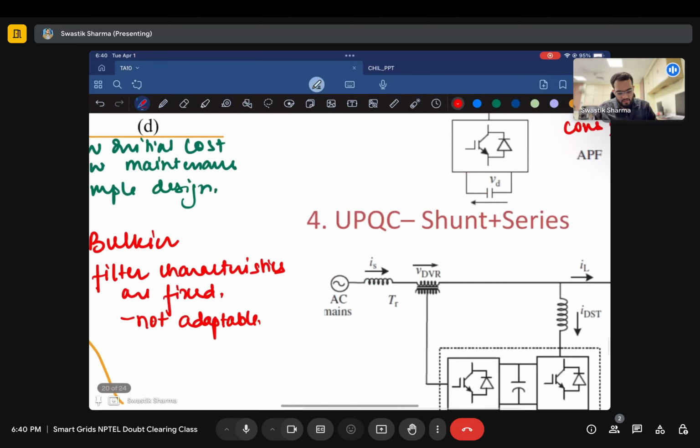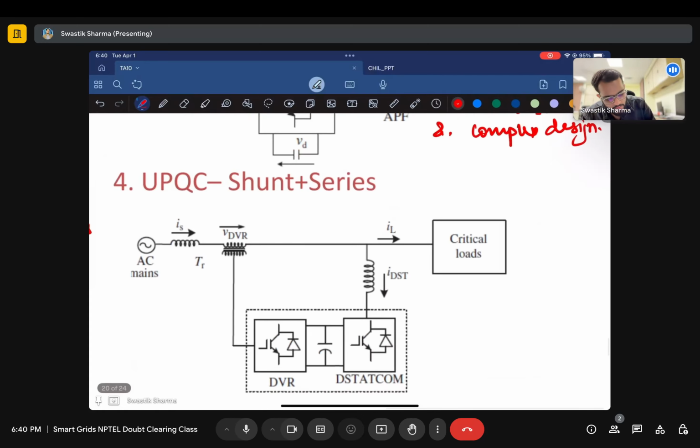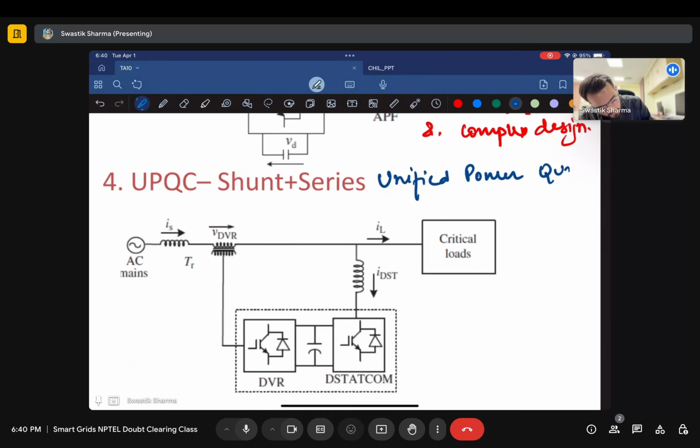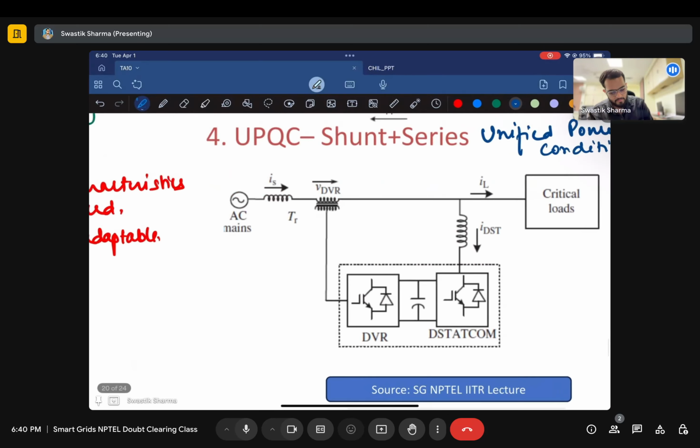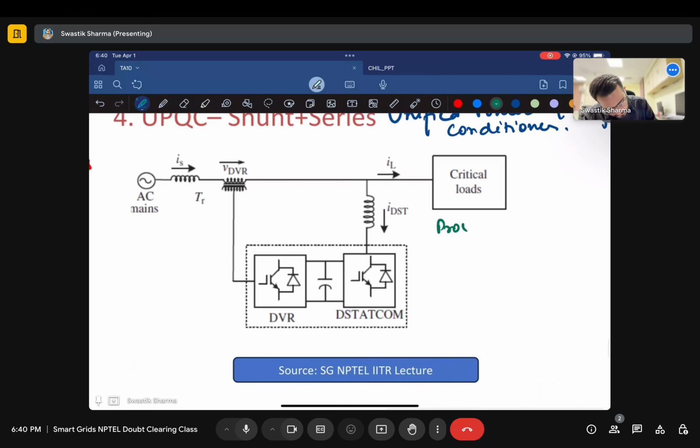Then you have another kind of converter which uses both series and shunt types of compensation. These are called unified power quality conditioner. Because they have both series and shunt, the pros are that they are suitable for both.